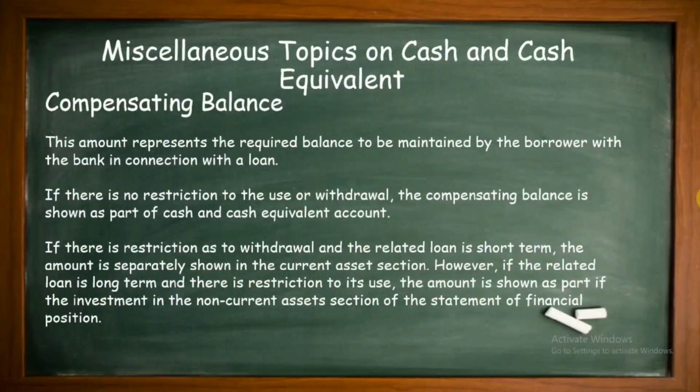If there is a restriction as to withdrawal and the related loan is short term, the amount is separately shown in the current asset section. However, if the related loan is long term and there is restriction to its use, the amount is shown as a part of the investment in the non-current asset section of the statement of financial position.